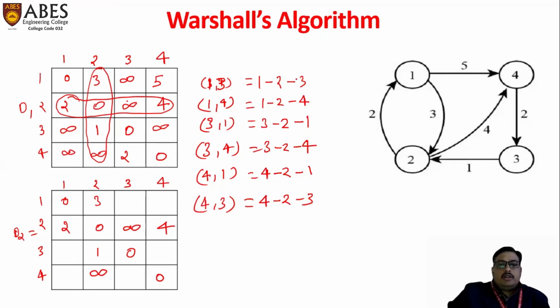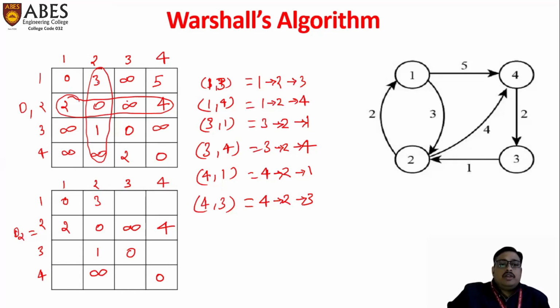So we need to calculate these distances and compare with the existing one. If the existing one is minimum, then we will not update the weights. Let us see all these values in D1.